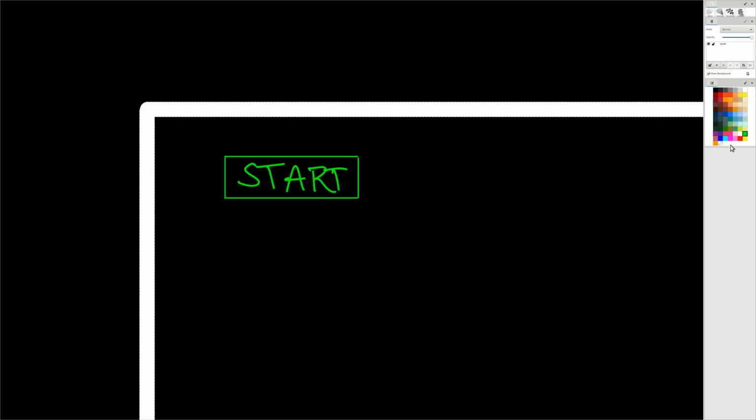Oh, you get to play as Tad the Frog. Let me try drawing a frog. Tad the Frog. Then this square.